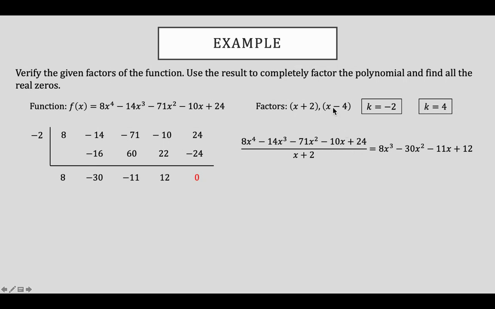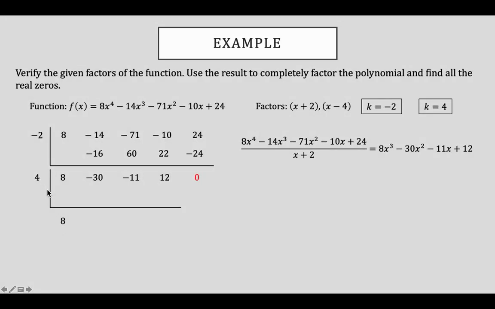In other words, if x minus 4 is a factor of our original function f of x, that must mean that it is also a factor of our quotient 8x cubed minus 30x squared minus 11x plus 12. So I'm just going to draw out my synthetic division box right below. I put my next value of k on the outside, and I'm going to complete a second round of synthetic division. I bring down the 8.